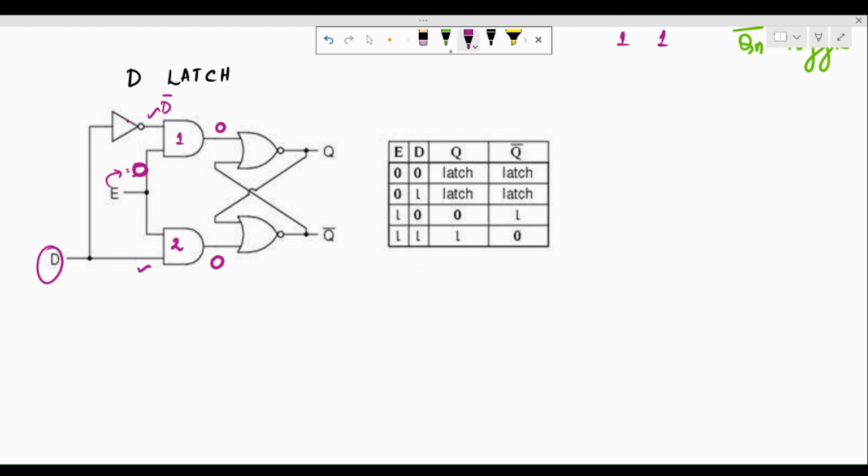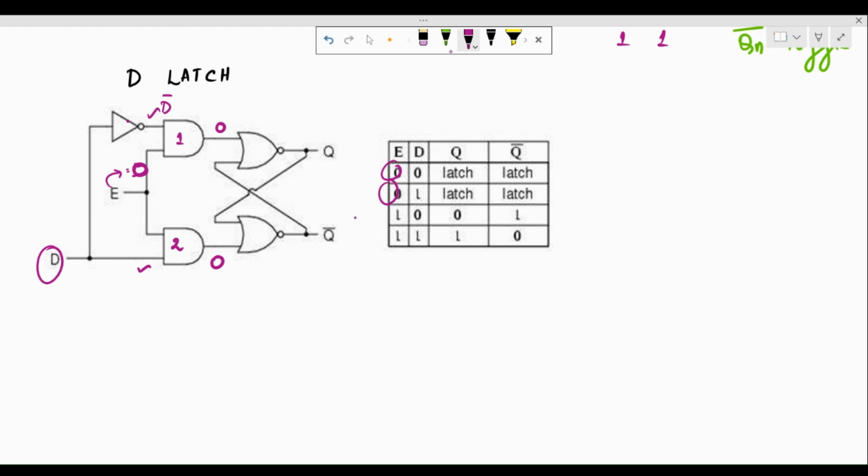Similarly, here we are going to get a 0. So the output is going to remain latched, or it will be held or locked, right? Same is the case for D being 1, because the enable is 0, right? So no matter what D is, the output is going to remain latched.